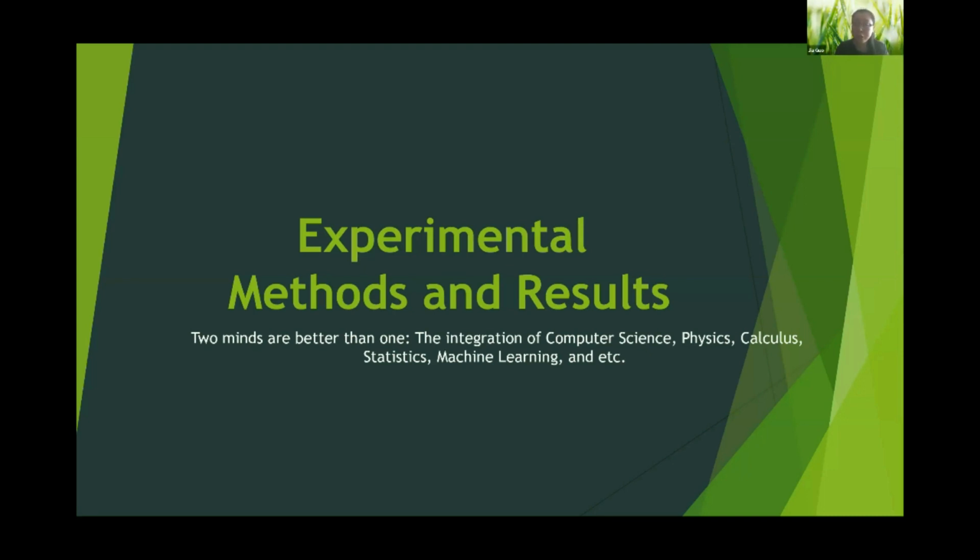We use machine learning, including polynomial nonlinear regression, and the second one, SVM, support vector machine, for prediction, not for classification, and multivariate regression. Here, we also integrate a lot of disciplines, such as computer science, physics, calculus, statistics, and so on.